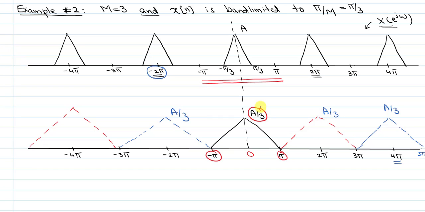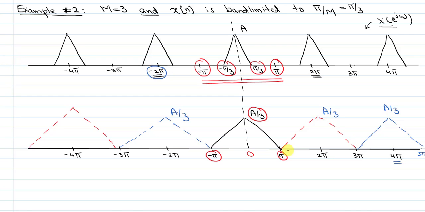Now, if your original Fourier transform between minus pi and pi did not satisfy your band limit constraint, then this black version will extend beyond minus pi and pi.